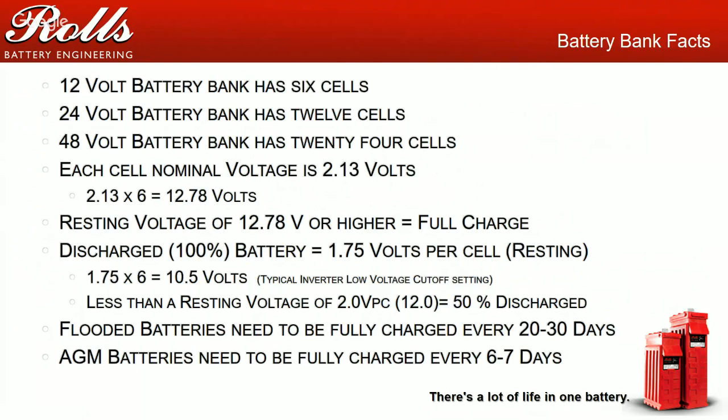Valve regulated batteries, gels and AGMs, need to see a full charge about every 6 to 7 days, because they're technically considered acid starved, or electrolyte starved, batteries, and they need to see that full charge.